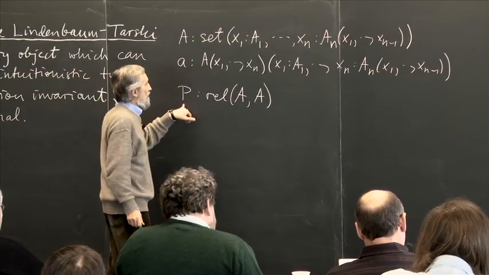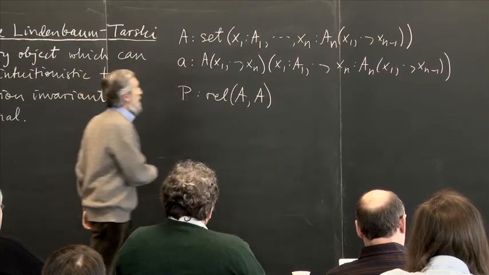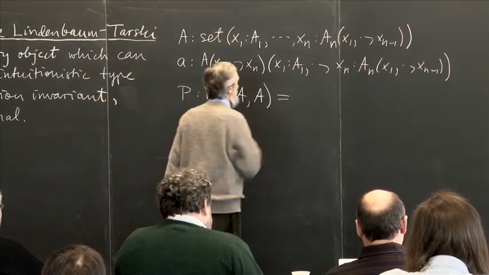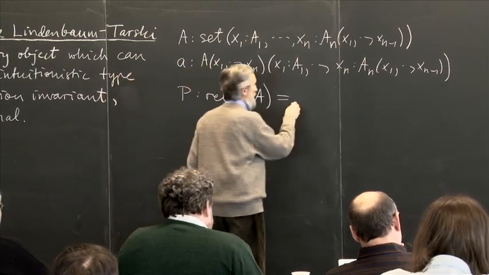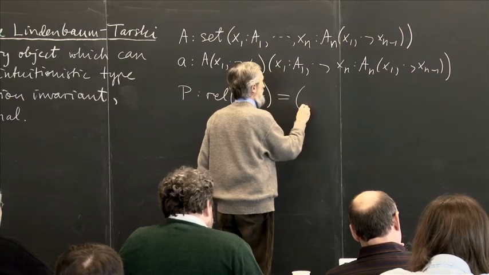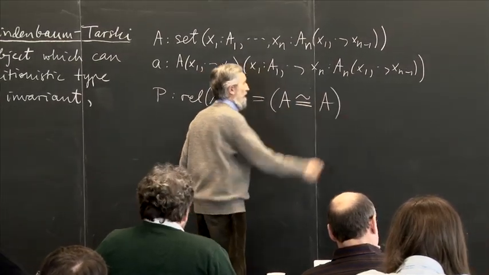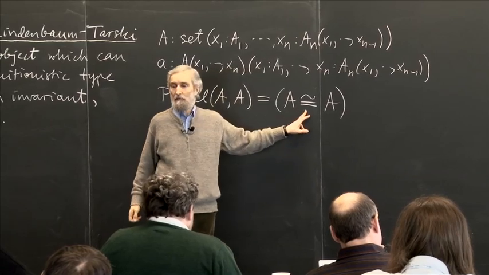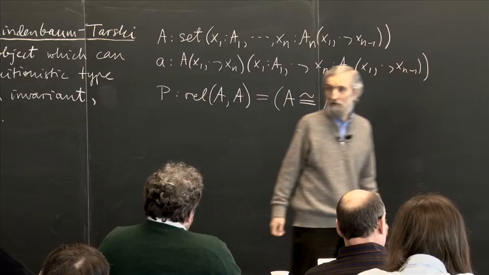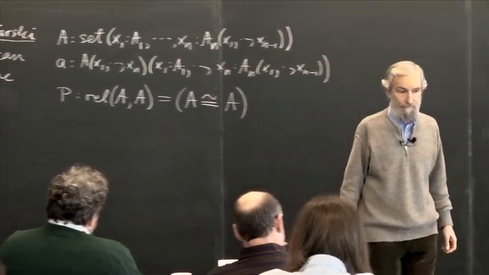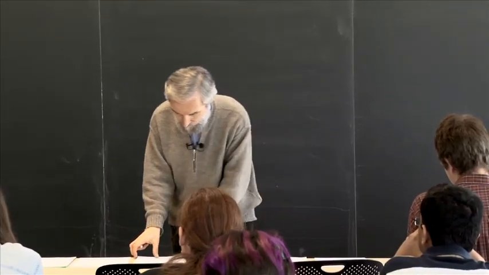So a relation which relates A to itself. And I think I will allow myself to write this when it is convenient simply as A, and I will use the isomorphism symbol here, but it doesn't mean isomorphism now any longer. It just means that we have a relation between A and itself. So this is what it means.